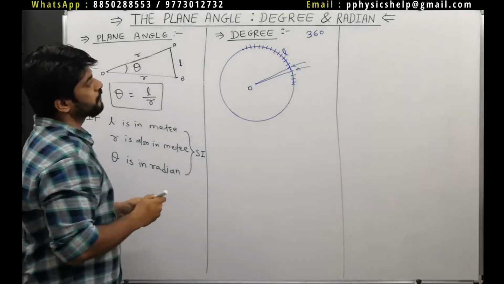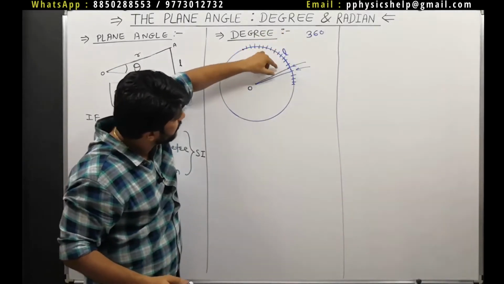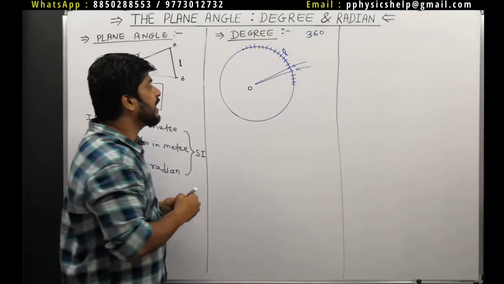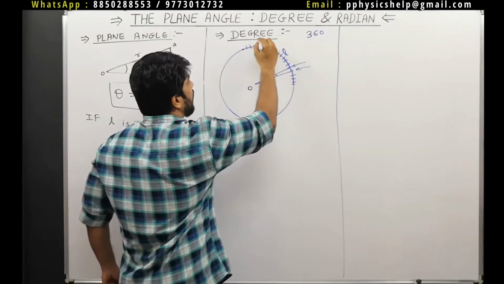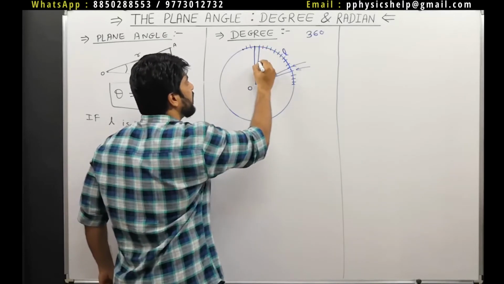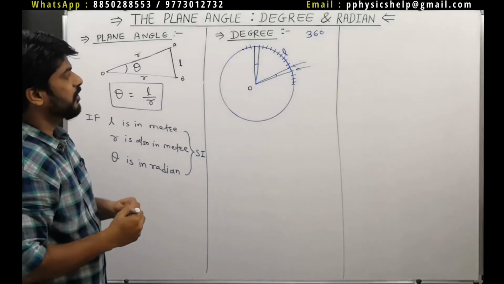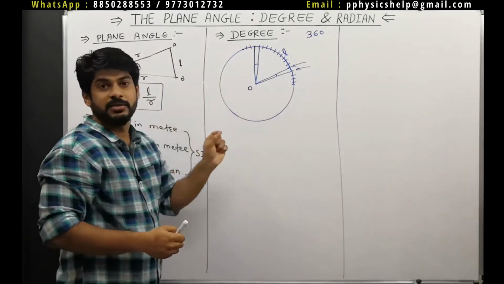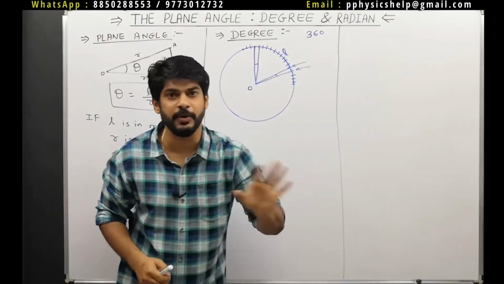You can see here, this small arc is also subtending a certain angle at the center, isn't it? In fact, if I choose any other arc over here, this arc also is going to subtend a certain angle at the center. Or I can choose any other small arc after dividing into 360 parts.